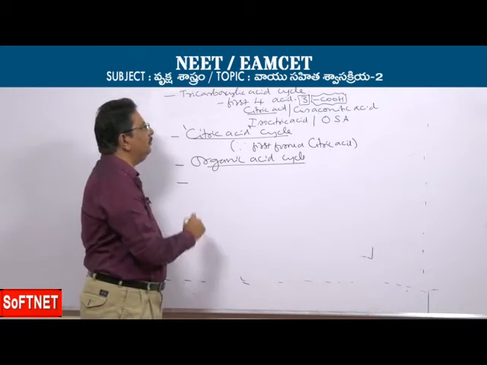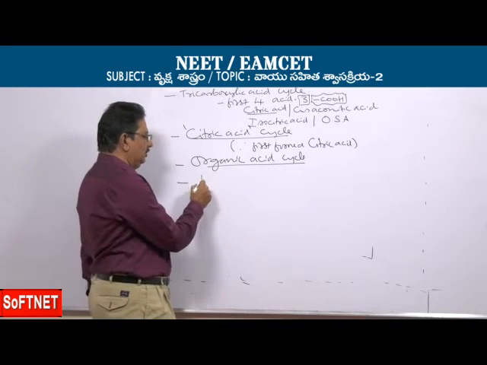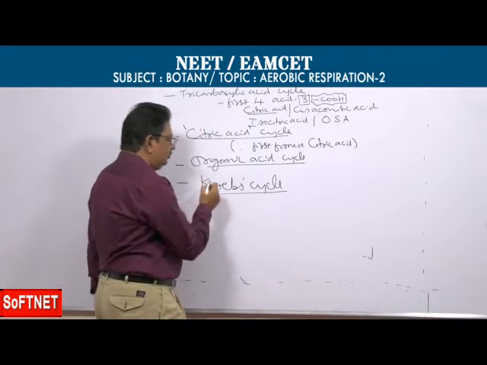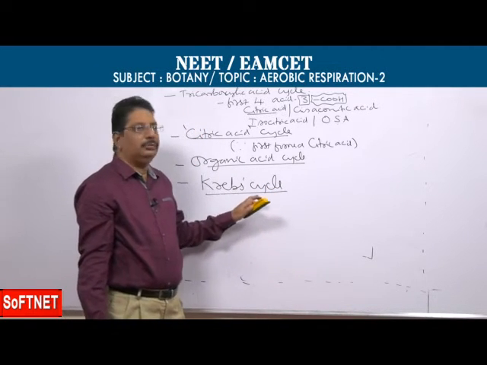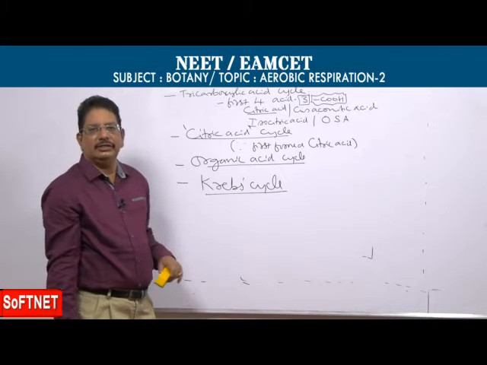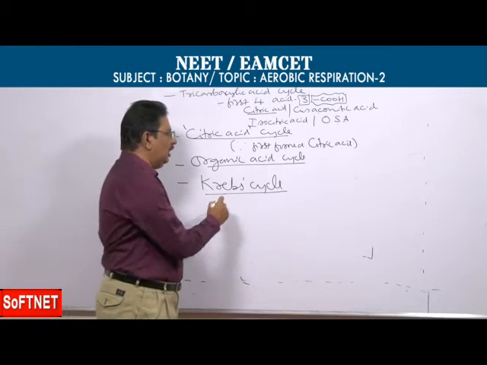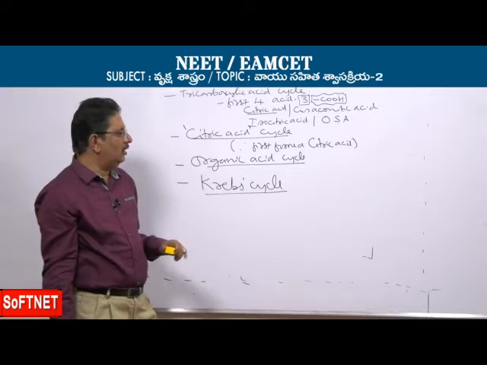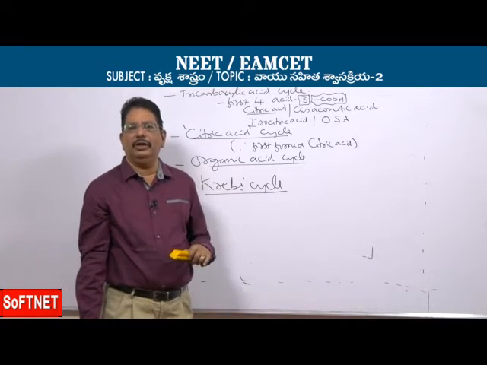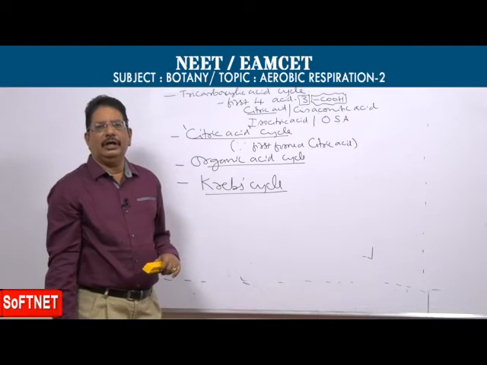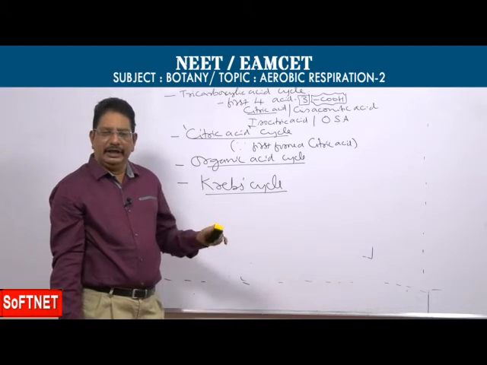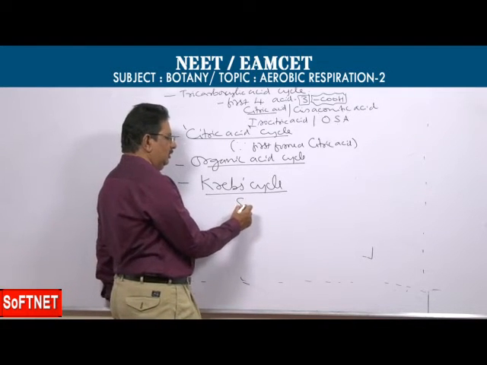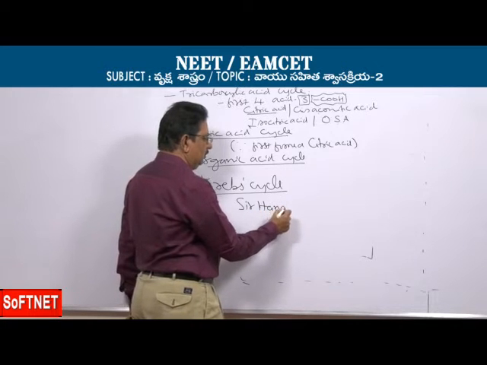But very popularly, the TCA cycle is called the Krebs cycle. Krebs cycle is a very common popular name for the TCA cycle. Why? Because all the reactions involving the complete oxidation and decarboxylation of acetyl coenzyme A into water and carbon dioxide were discovered, explained and presented by a great scientist, Sir Hans Krebs.